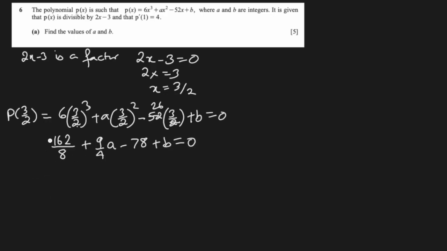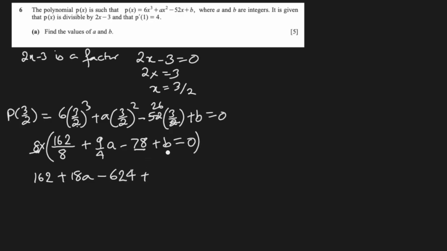These denominators will create trouble, so let's multiply the whole equation by 8 so that 8 cancels out with this one. We get just 162. 8 will cancel with 4, so 2 times 9 will be 18a. There is no denominator here, that means 8 will multiply with this. So what do we get? 624.